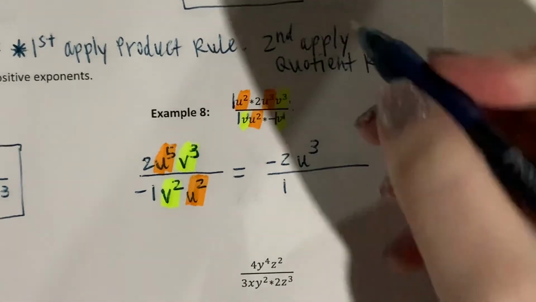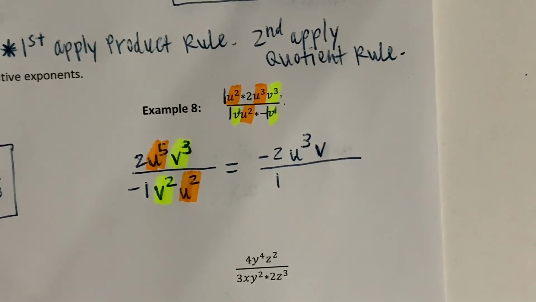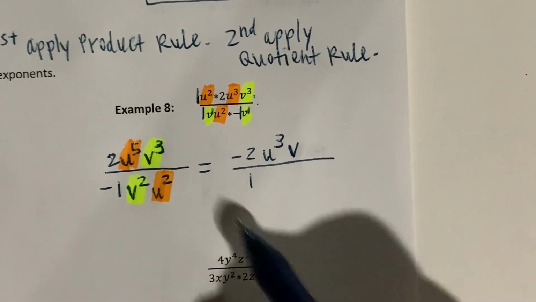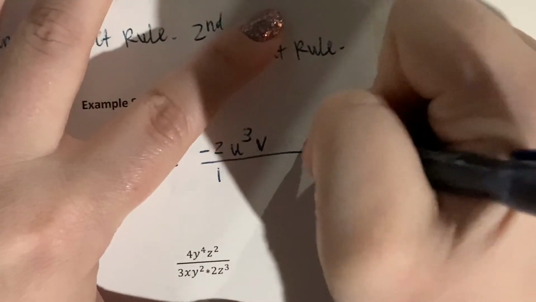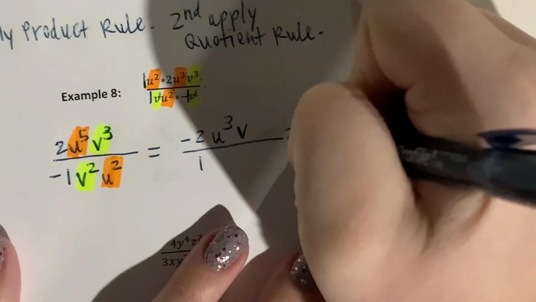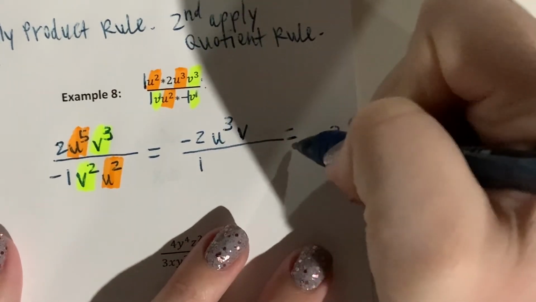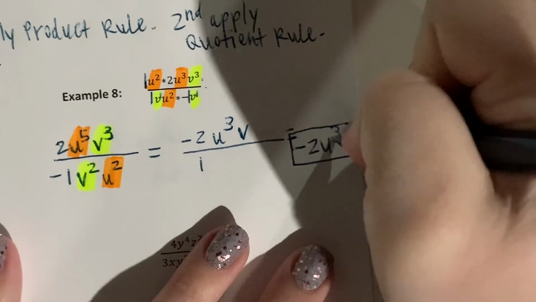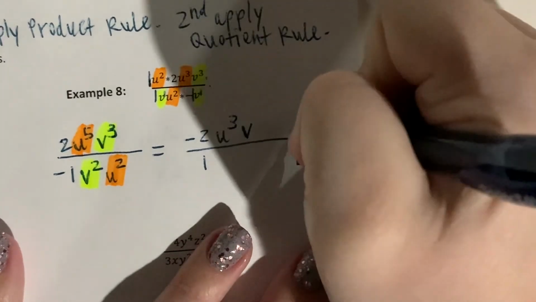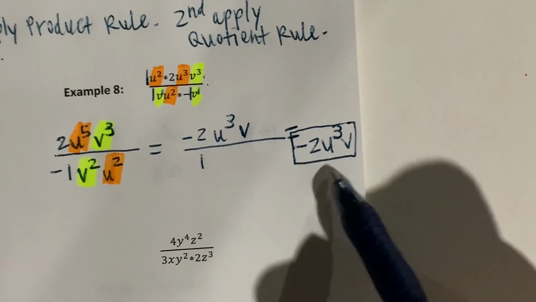I'll have v to the 1, and it will stay in the top. The only thing I would say about this is it's kind of silly to write divided by 1. So I would just simplify it to say -2 u to the third v, and we don't need to write it as a fraction because, again, it's silly to write divide by 1. So my final answer here equals -2 u to the third v.